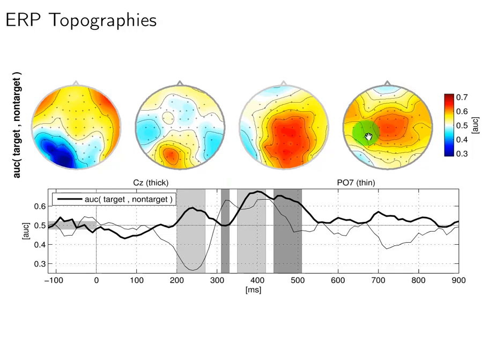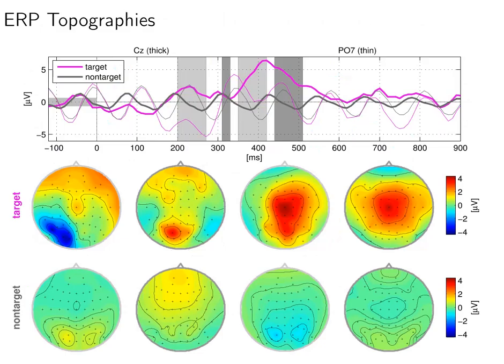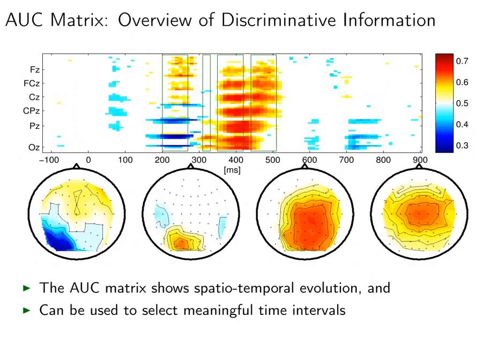So AUC shows a difference between target and non-target events. This is another way to visualize discriminable features using the AUC metric.